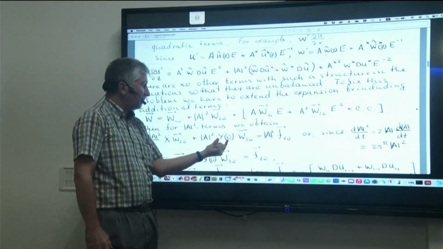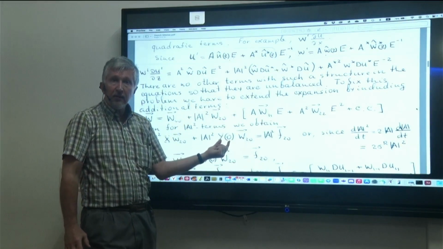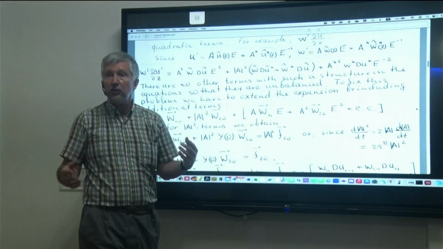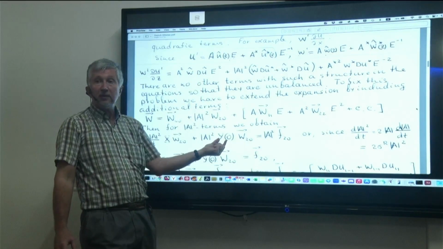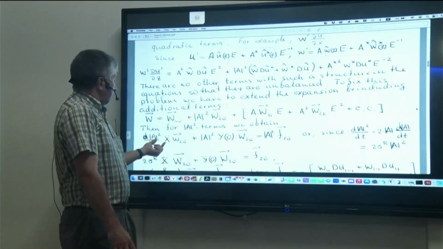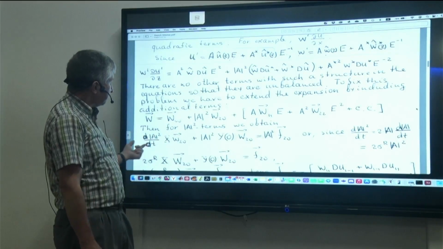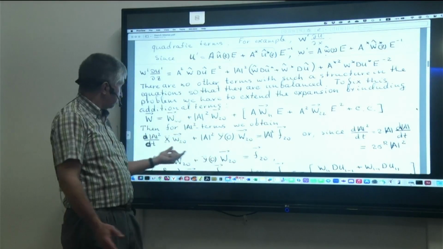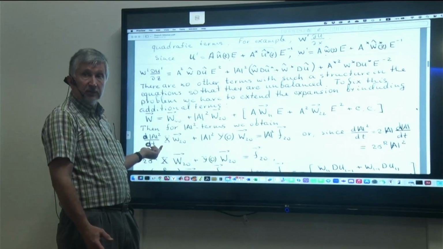So remember, my matrix Y contained alpha. Alpha is a part of E. E is not there, so it is equivalent to saying that alpha is equal to 0. Okay? This term, we have to take as is. If it is A squared, and we need to differentiate it with respect to time, then it is dA squared by dt.